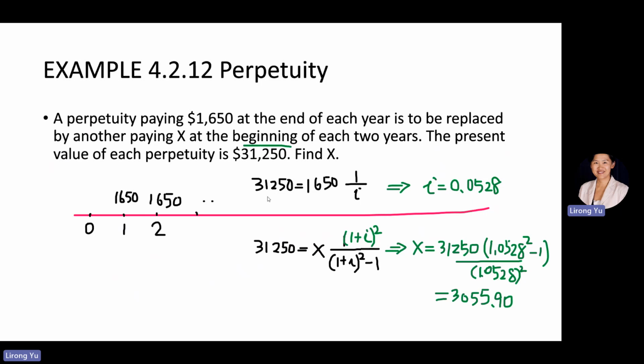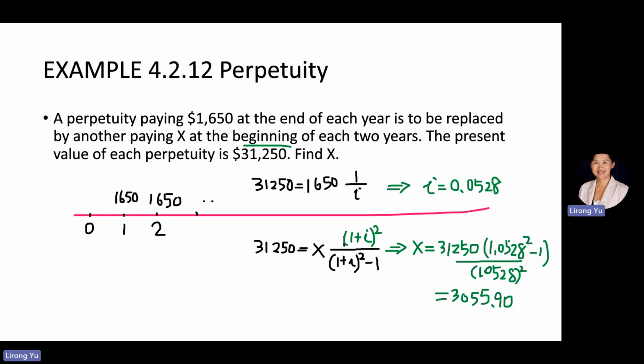So for the second one, paying X dollars at the beginning of each 2 years. The interest rate 0.0528 is an annual interest rate. That means your interest period is 1 year, but your payment period is 2 years.